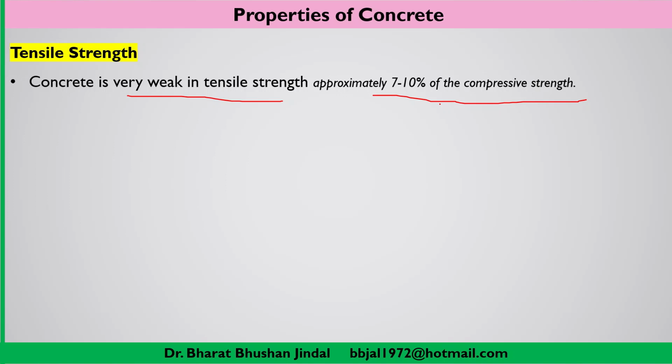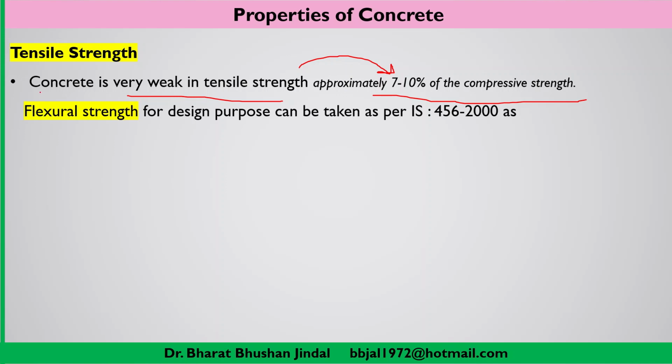Now here there is one question which you can work out or find from the sources of information available in some standard books: why is the tensile strength of concrete just 7 to 10%? That means why is concrete so poor in tensile strength in comparison to compressive strength? So you can go through the literature from some sources, and when you find this answer, you can put it in the comments.